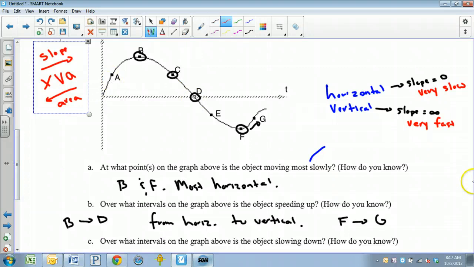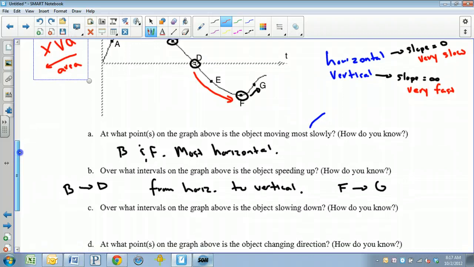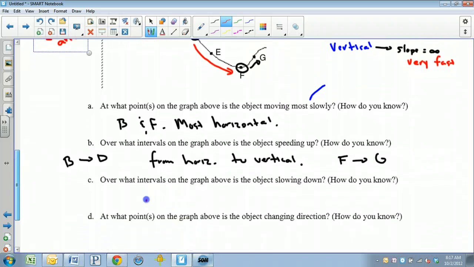So slowing down would be A to B, because it's pretty vertical at A and gets more horizontal at B. And then D to F is also slowing down, because it's pretty vertical at D and less so at F. So A to B, and then D to F, going from vertical to horizontal.